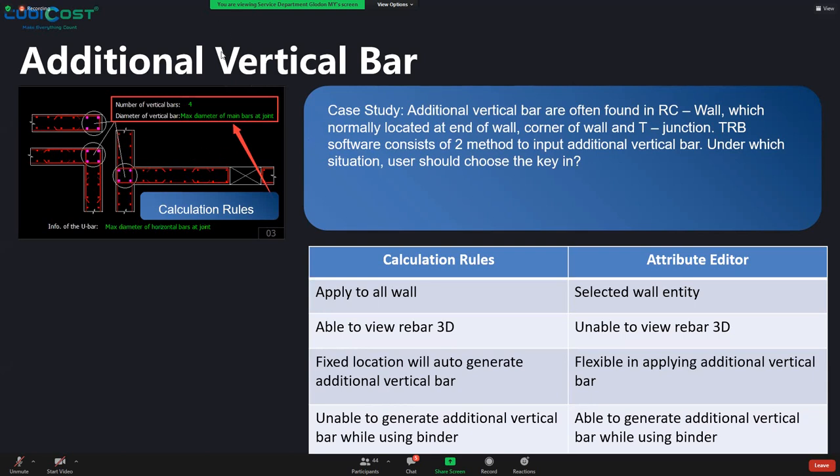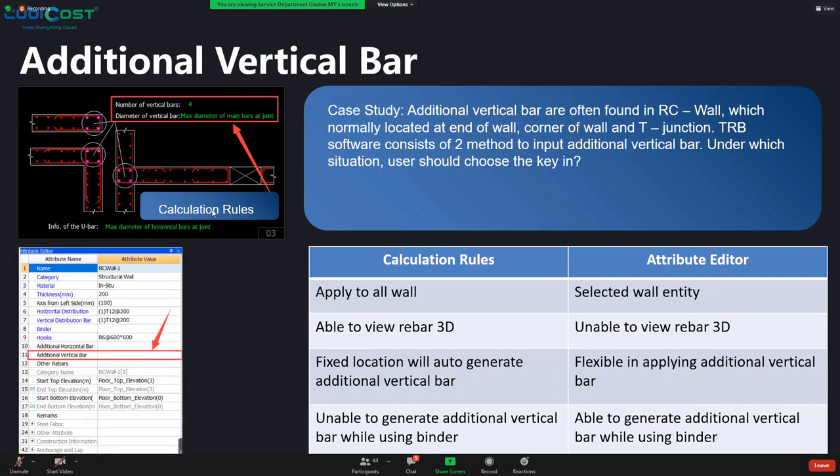The second method, which people often neglect, is the attribute editor additional vertical bar. This location is often neglected by our users. Often they do not know that they can key in the additional vertical bar here. They will always go through here and key in the additional vertical bar here.